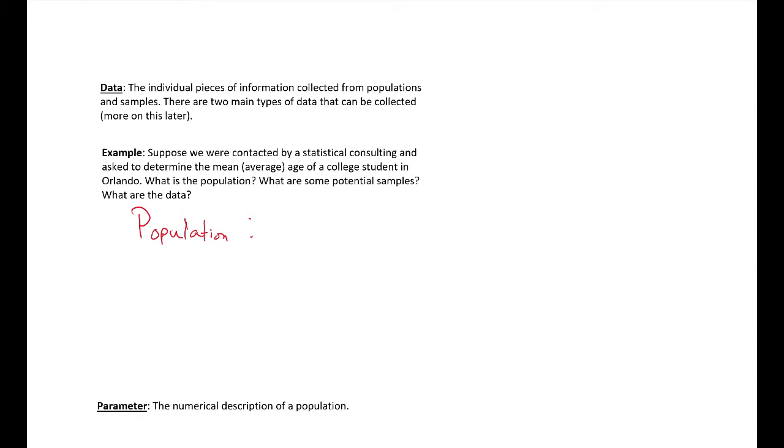Well, remember we said the population is a collection of all entities. So the population data set here would be all Orlando college students. And as you can imagine, it's very difficult for us to go and get information from every single college student living in the Orlando metro area.